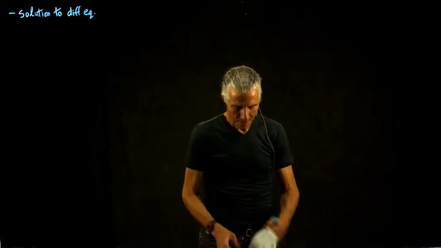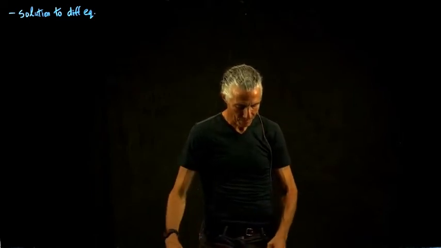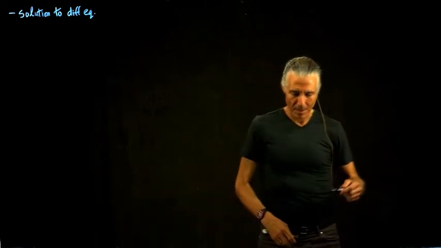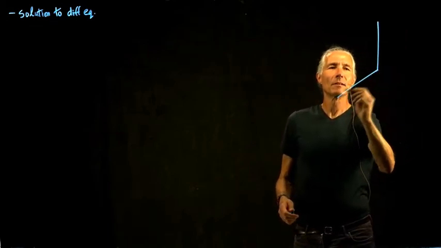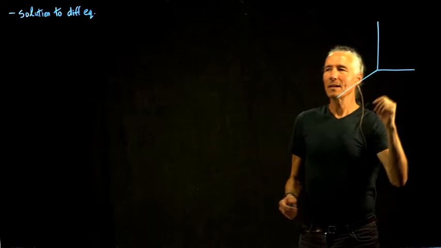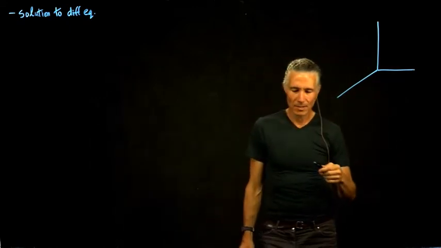Remember, the solution is not the derivative. The solution is the actual evolution of the m vector over time. So how does the m vector change over time?